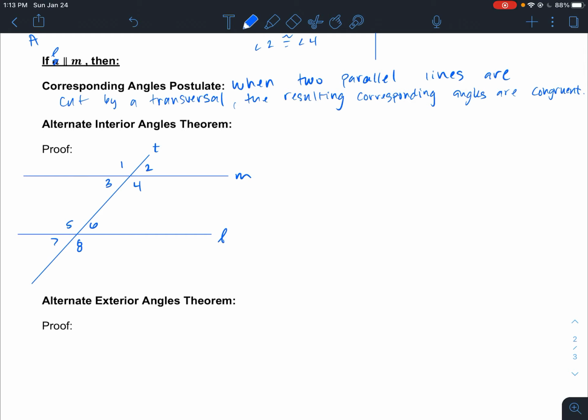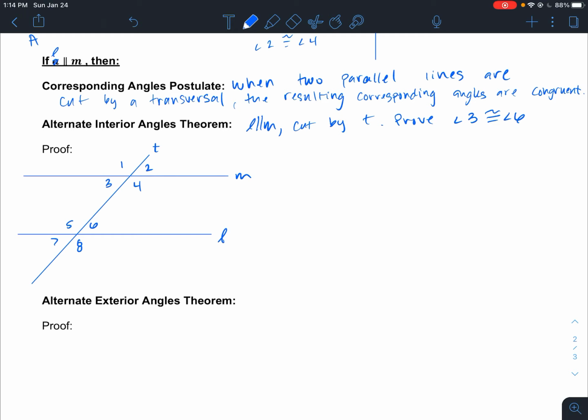Okay. Now, this theorem right here, the alternate interior angles theorem, we're trying to prove alternate interior angles are congruent. So, again, we're going to say that L and M are parallel lines cut by T, which is the transversal, and we want to prove that angle 3 is congruent to angle 6.